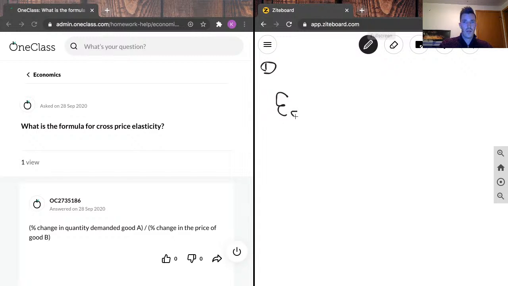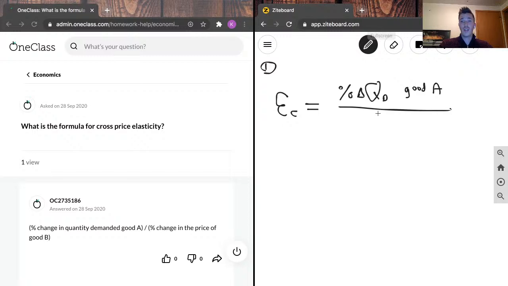So we use this backwards E to denote elasticity. I'm going to subscript a C to denote cross price. And we can say that the percentage change in quantity demanded of good A. So if we have the change, I use the triangle delta here to denote change.